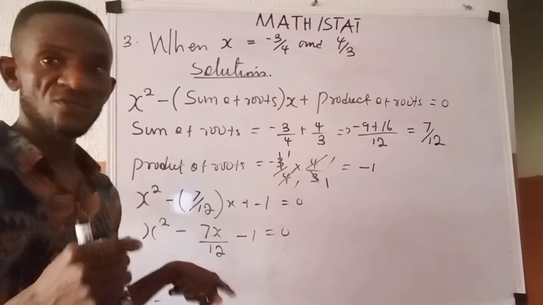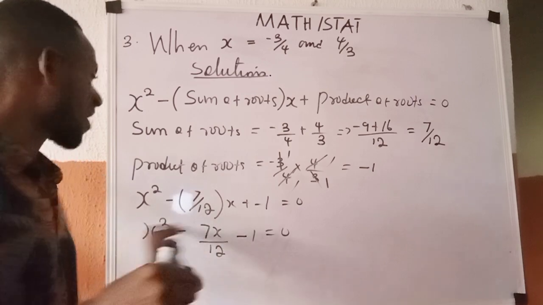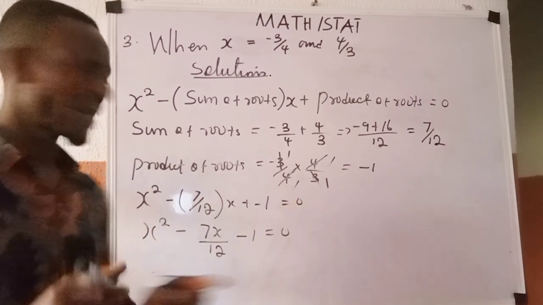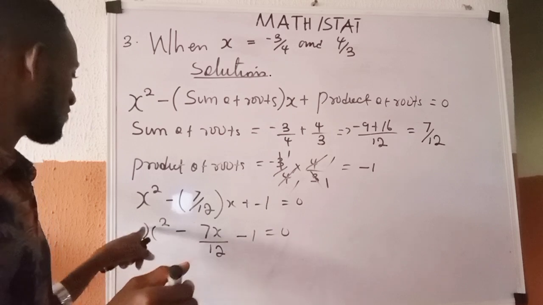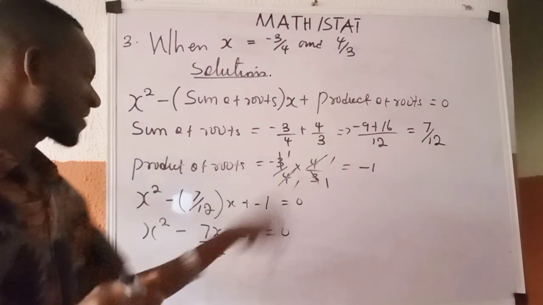You see, one of the terms in the quadratic equation contains a fraction. So you can decide to remove that fraction by using 12 to multiply all the terms here. That 12 will multiply x raised to power 2, multiply this one in order to cancel that 12, and multiply this down the line.